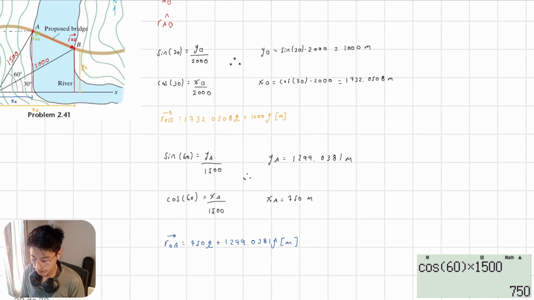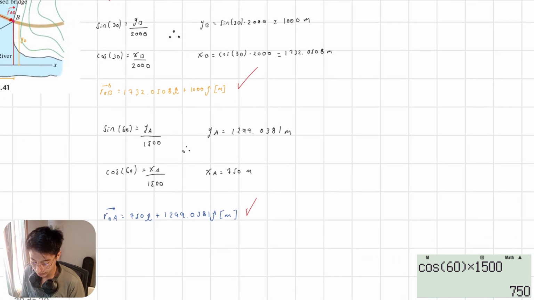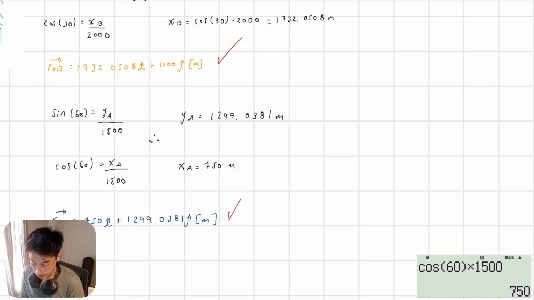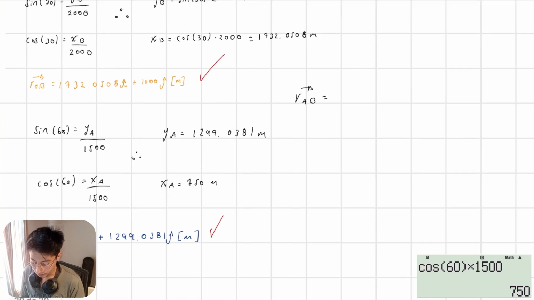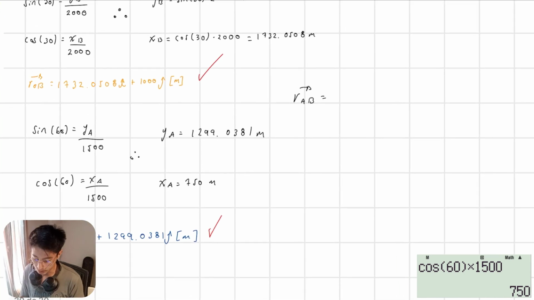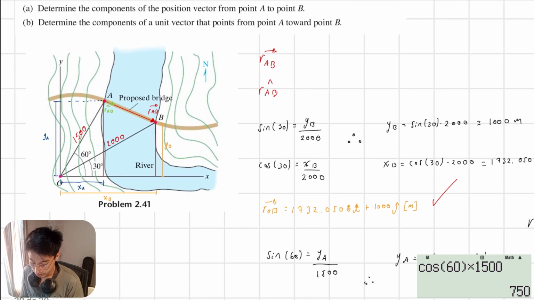Alrighty, so I'm going to do it playing with the vectors that we just did, this one and this one. So basically the vector AB is going to be equal to the final vector, this one, minus this one.